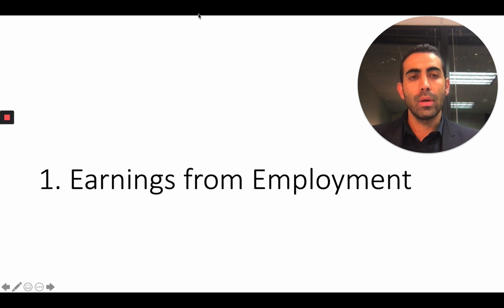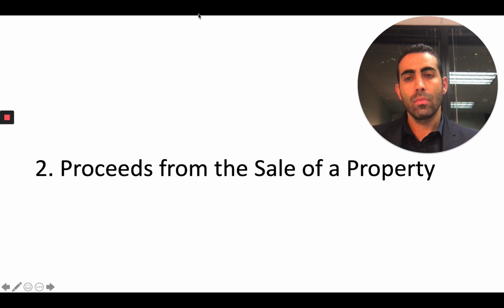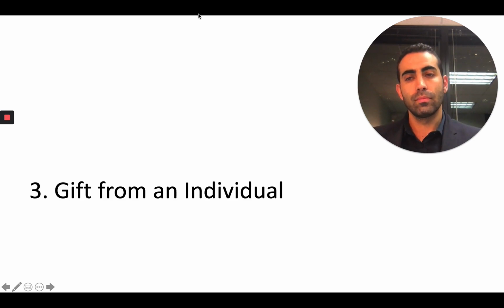So that's number 1. Number 2, proceeds from the sale of a property. So let's say that you own a piece of real estate and you sell it. Those funds that you've received from the sale of the property can be used as the basis for your E2 investment. So that's option number 2.